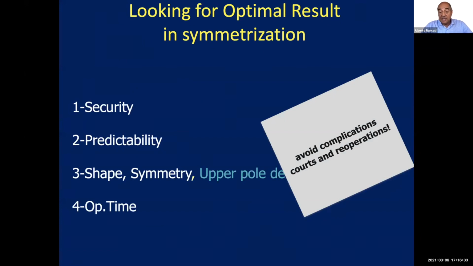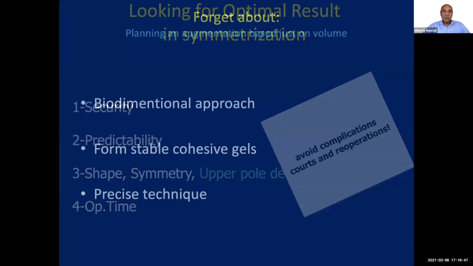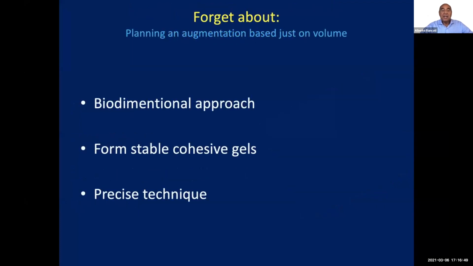For this, it's very important to know the anatomy, to train on the technique you are going to use, and to have the knowledge to select the patient correctly. So forget about, if you are planning an augmentation, basing your decision just on volume.